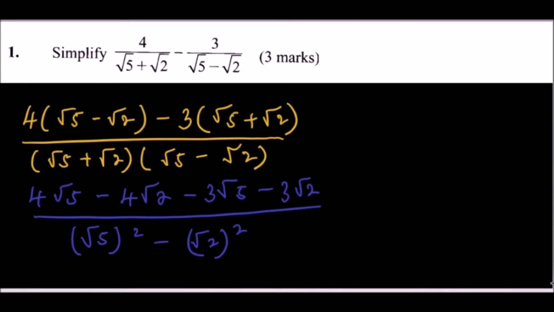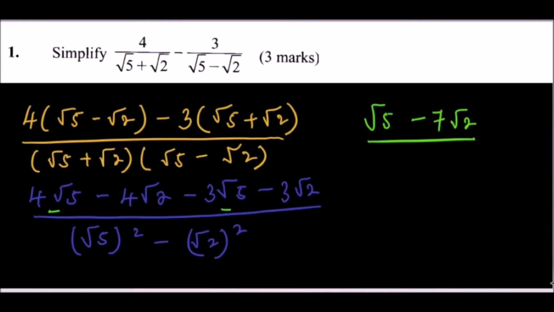So you find here we have 4 root 5 and minus 3 root 5, so you'll be left with root 5 after you subtract. This is minus 4 root 2 minus 3 root 2, so that will be minus 7 root 2.